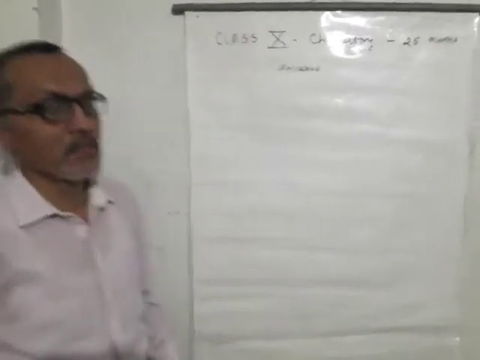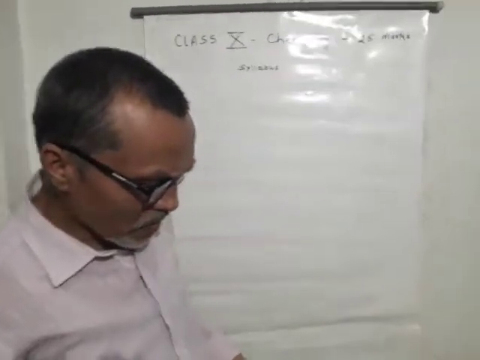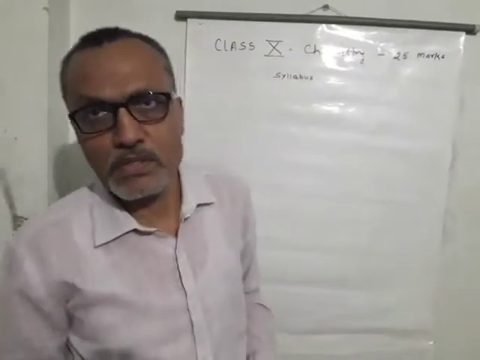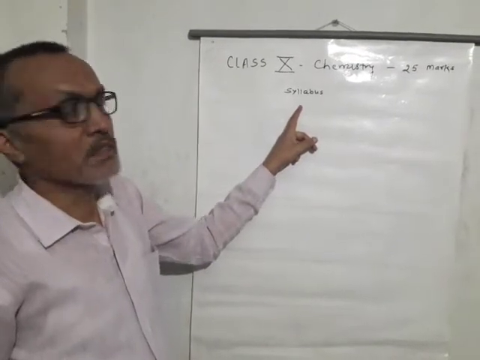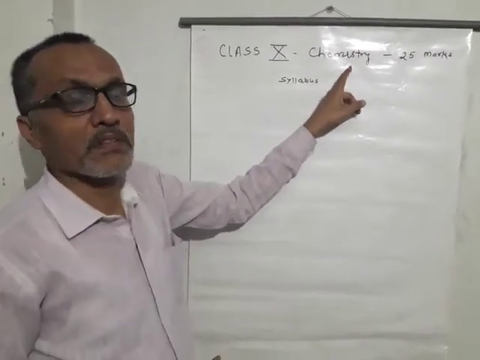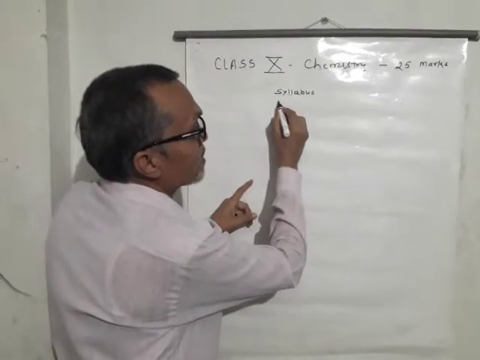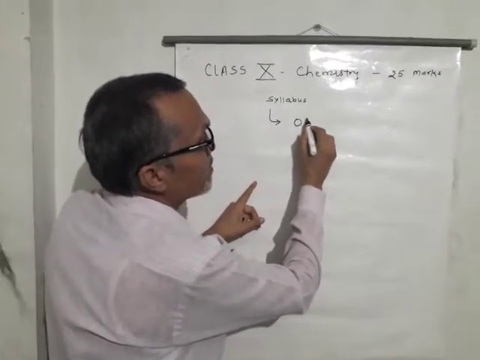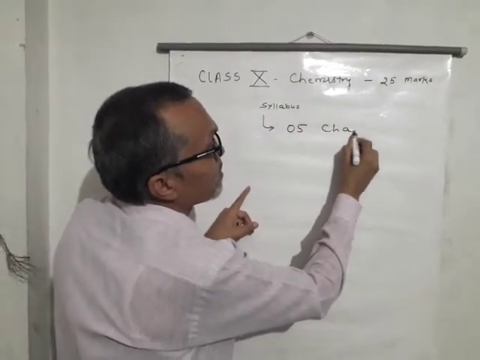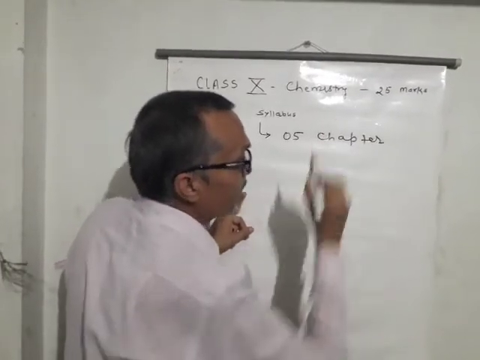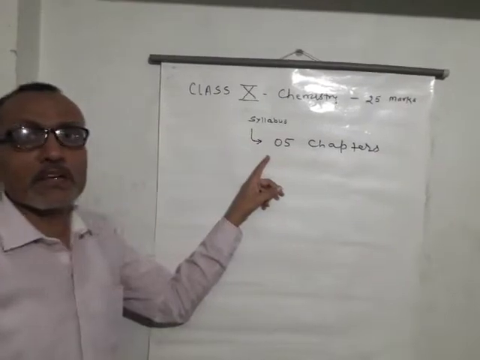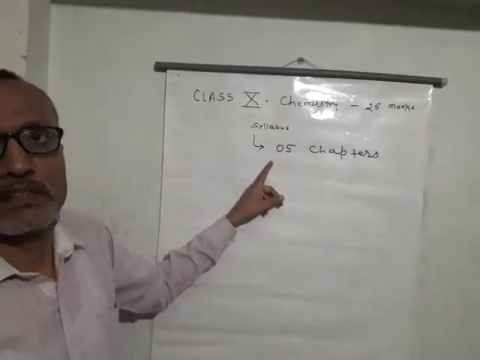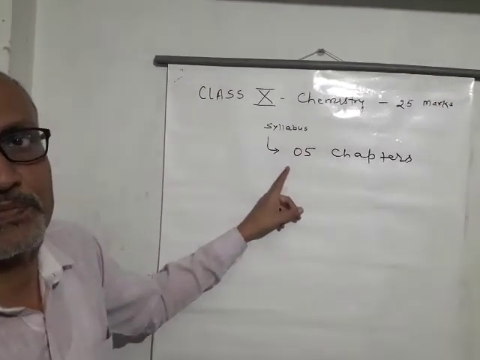Students, now I am going to talk about the syllabus of your chemistry paper. In your chemistry paper, there will be all 5 chapters. I mean to say, 5 chapters we have to study in this session.